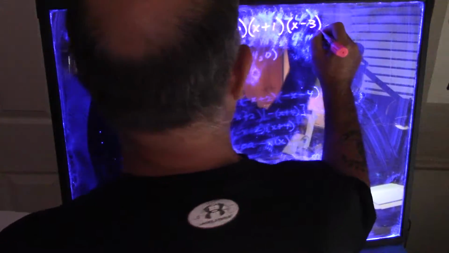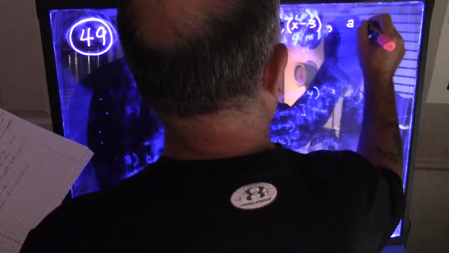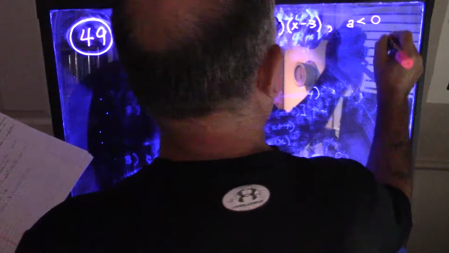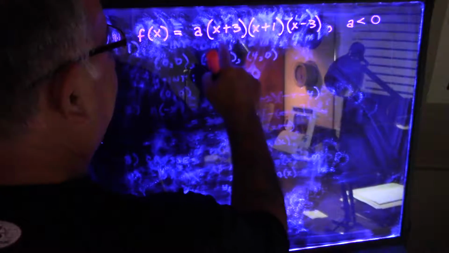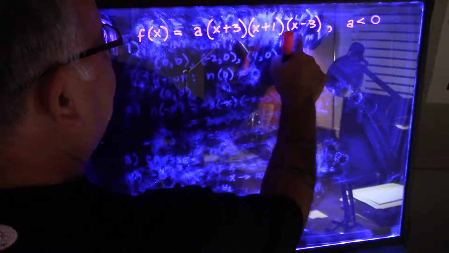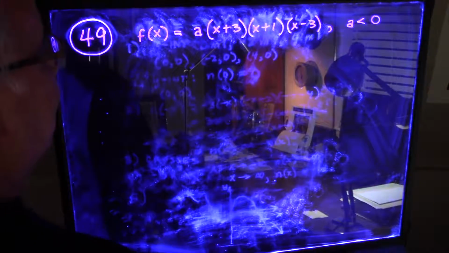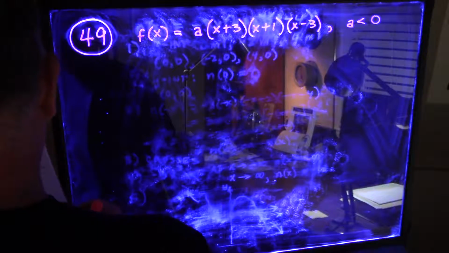And we said the leading coefficient must be negative, so a is less than 0. These come from the roots. If you plug in x equals negative 3, negative 1, or positive 3, that gives you 0 for the function.